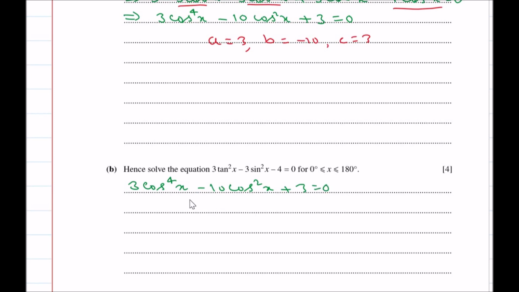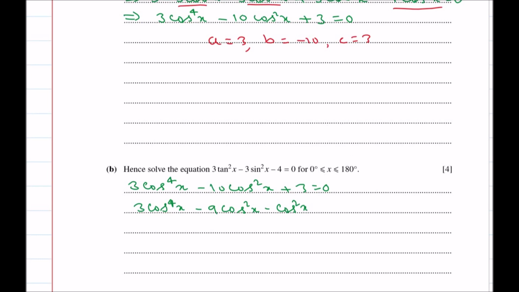So if you factorize this, we can factorize like 3 cos power 4x minus 9 cos square x minus cos square x, because if you combine both you will get minus 10.